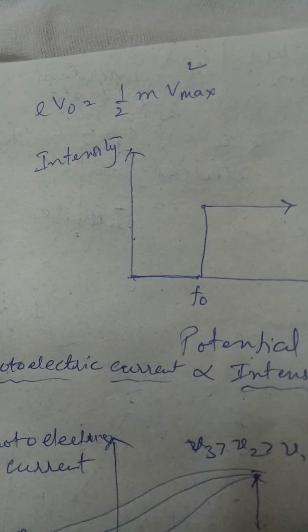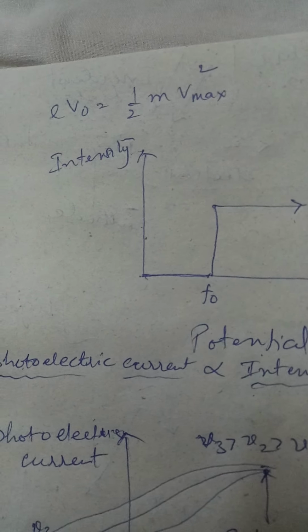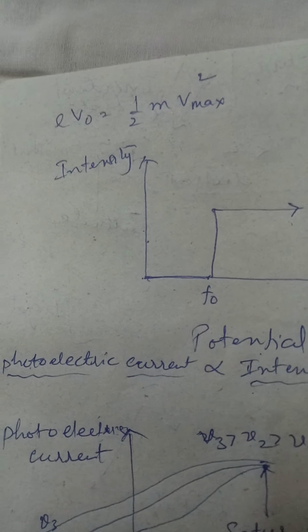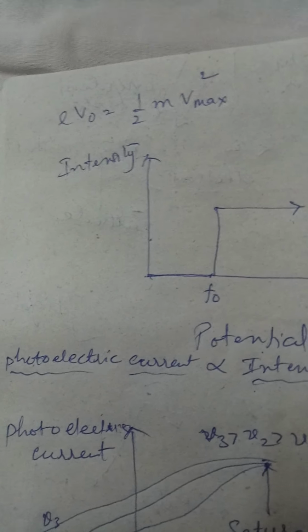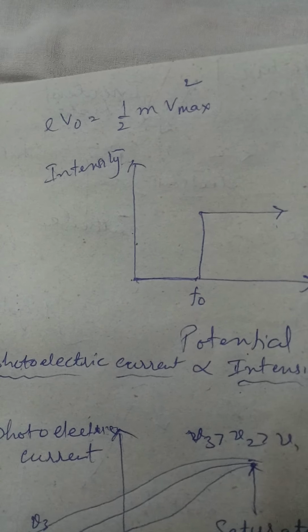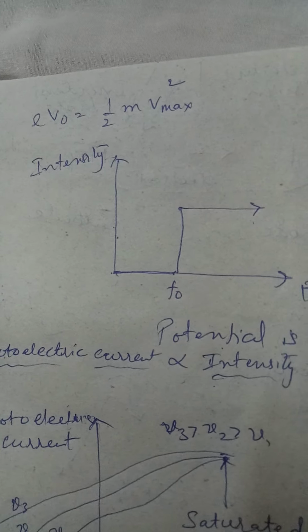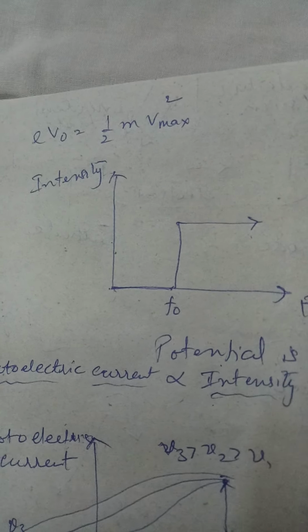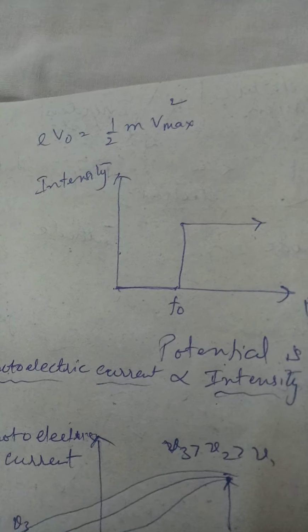But a particular electron will be there which has sufficient speed and will be collected in the collector plate. Let us say that speed, which is the maximum speed, is Vmax. So eV0 is equal to half m Vmax square. That is the energy supplied by the terminals.